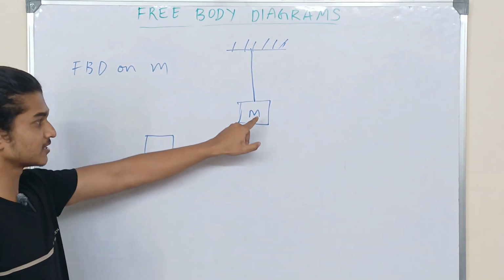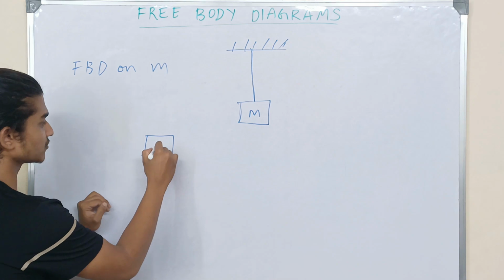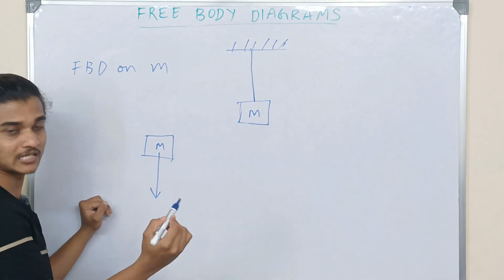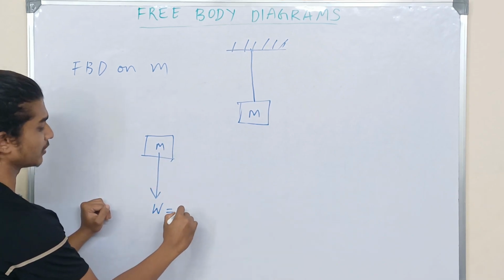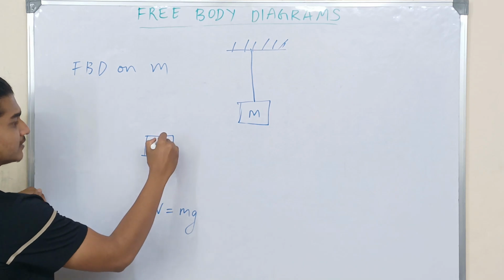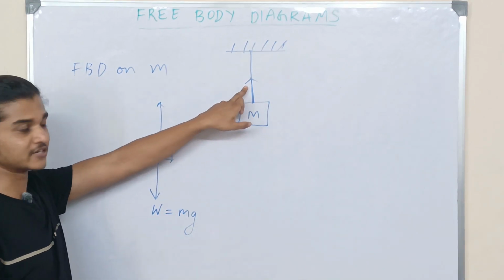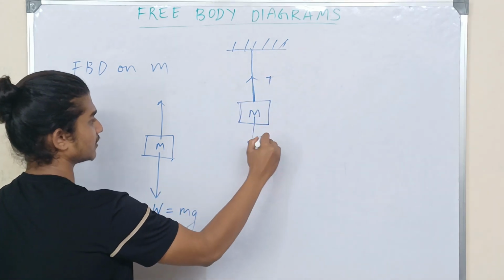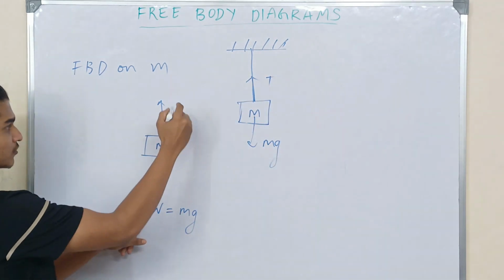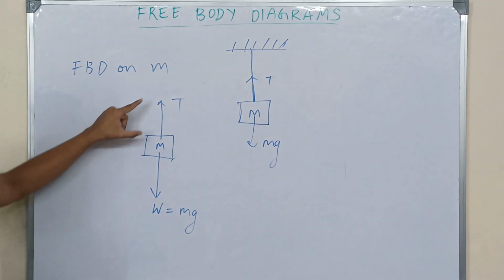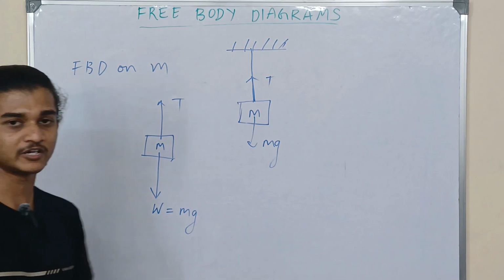Then identify all the forces acting on the body. The first force acting on the body is due to gravity, which is weight, equal to m into g. And the next one is tension force. As you know, this is tied to a string, and the string produces tension force. This is T, and this is mg. So the two forces acting on this body m are T and mg. So this is how you write free body diagrams.